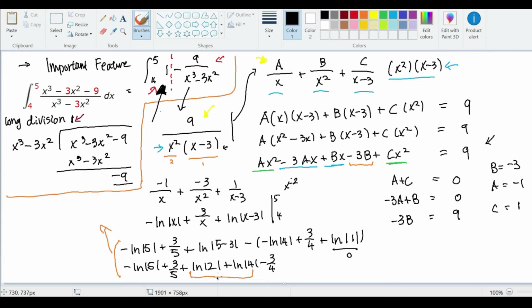Because of the logarithm law, ln 2 plus ln 4 will become ln 8, ln 8 minus ln 5, right? That will then become ln 8 over 5. I know you know this law, I bet.